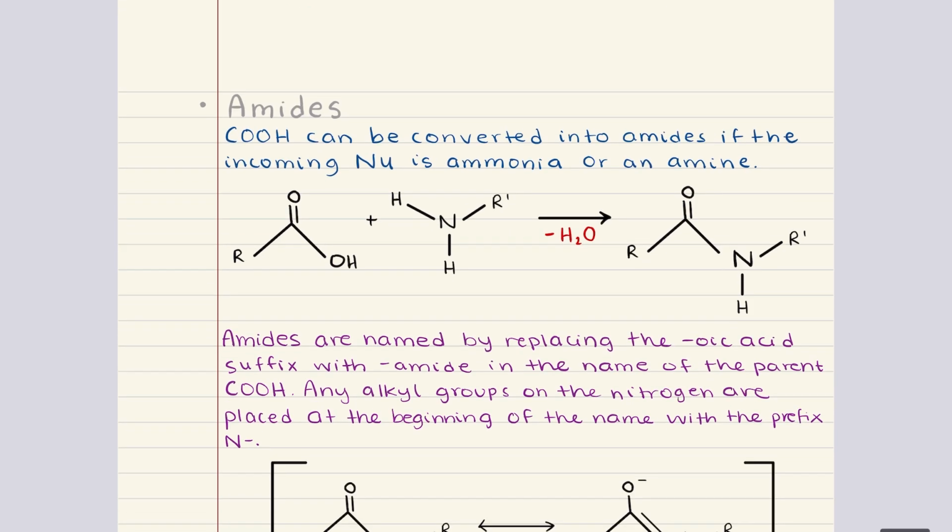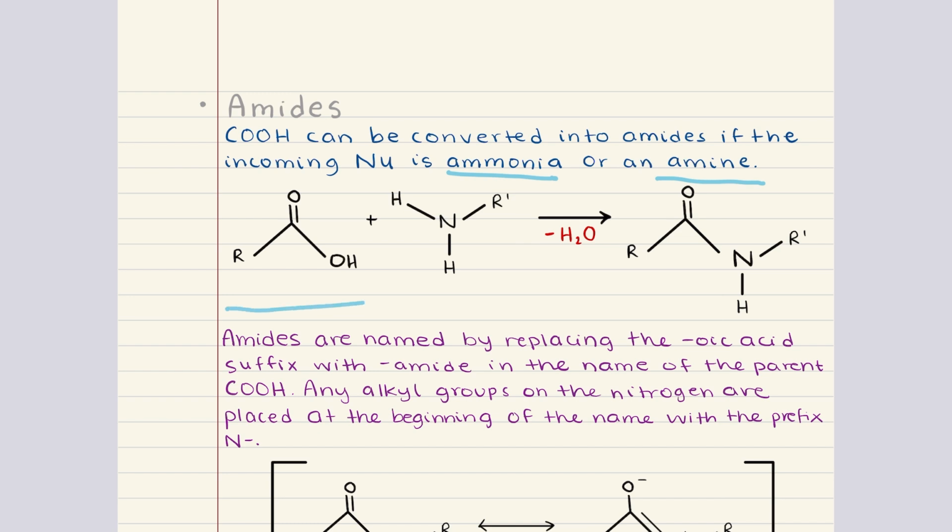Let's start with the formation of amides. Carboxylic acids can be converted into amides when the incoming nucleophile is either ammonia, which is NH3, or an amine, which is a molecule that contains a nitrogen atom bonded to one or more alkyl groups. Let's go ahead and work through the general process.